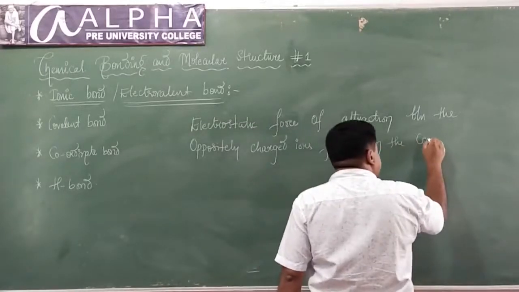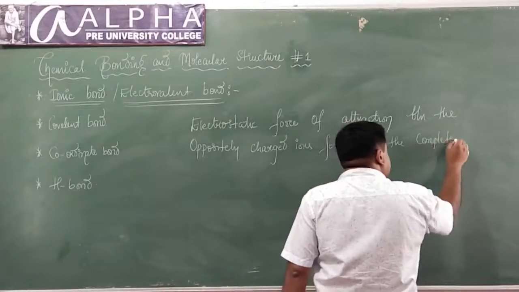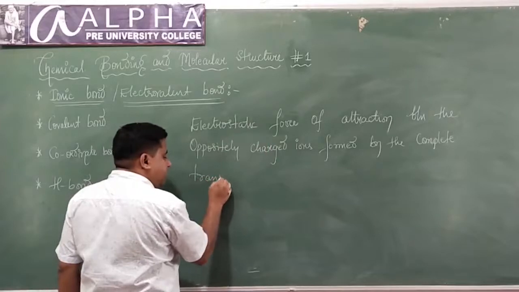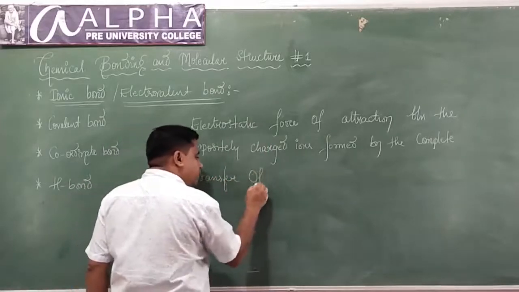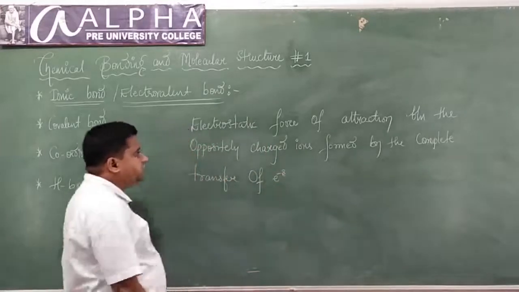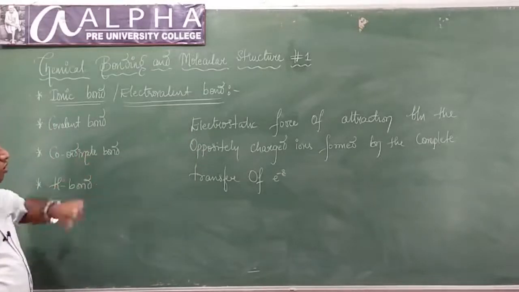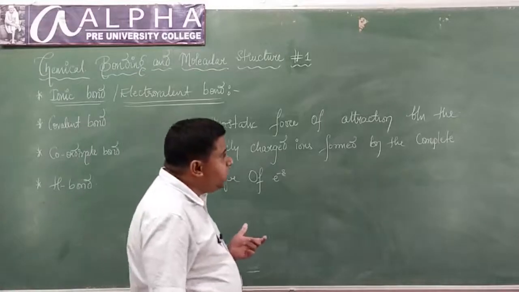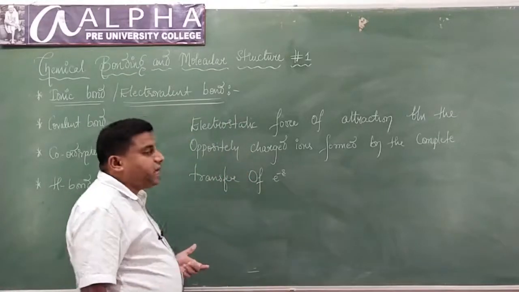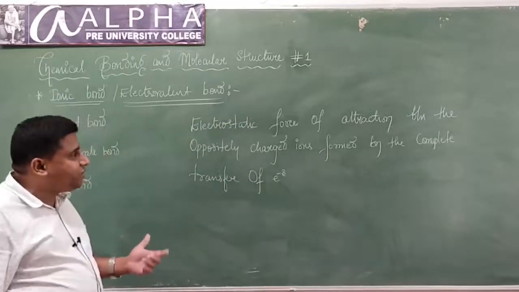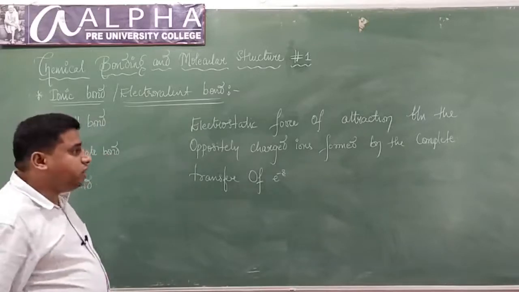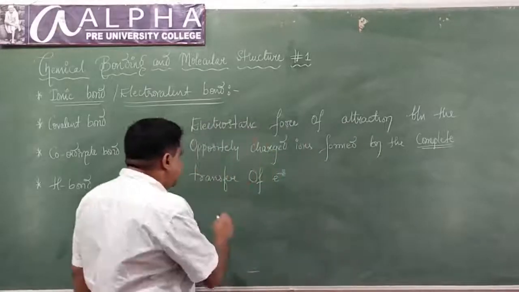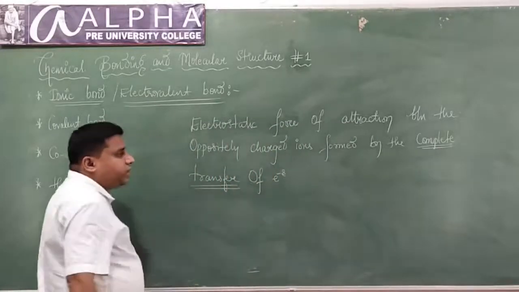The complete transfer of electrons is called an ionic bond. It is the electrostatic force of attraction between the oppositely charged ions formed by the complete transfer of electrons. It's a bond formed by the complete transfer of electrons.